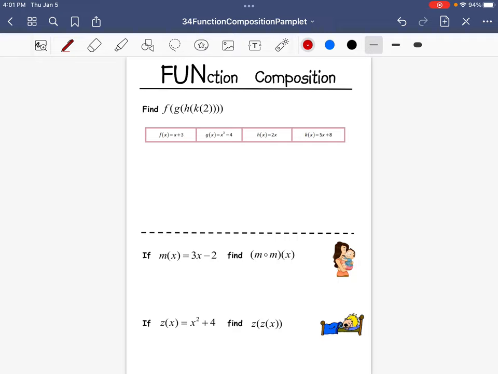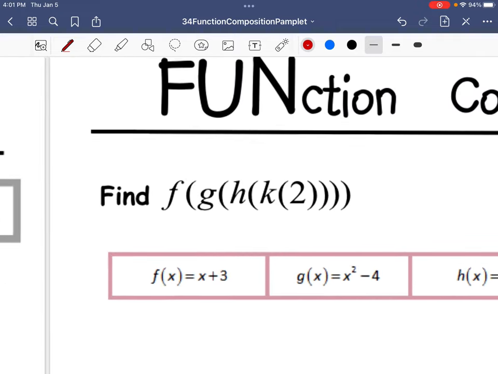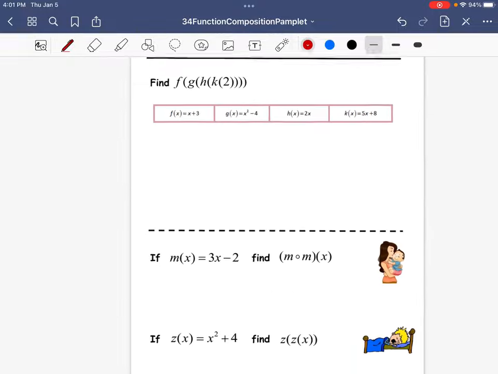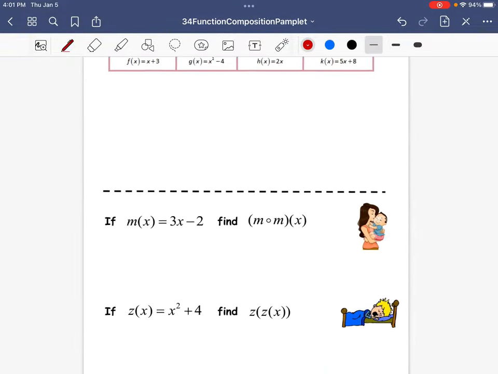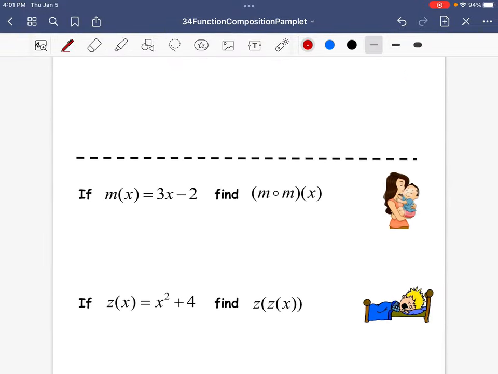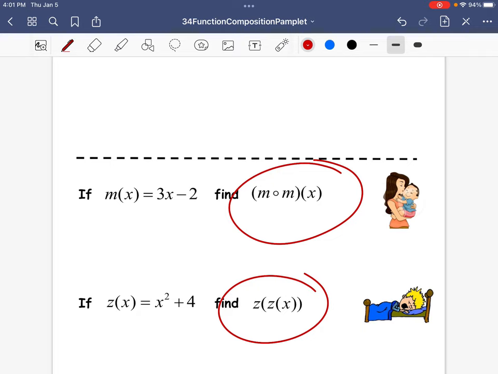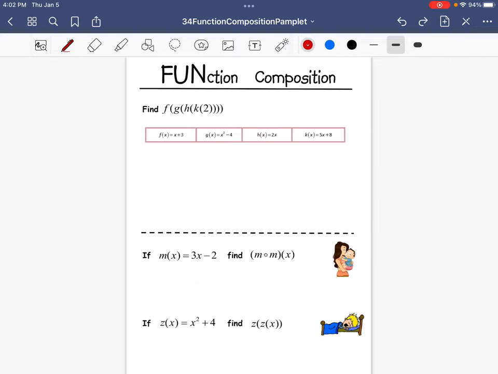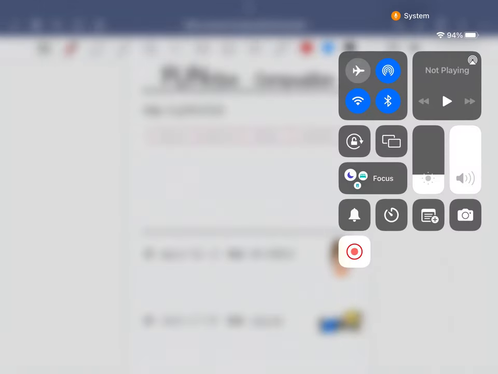This is also part of the day 2 homework. Some of these interesting problems. You guys are going to be doing like a triple composition. That looks fun. And then we have some other interesting compositions. You can find mom and you can find ZZ. All right. That's all today, folks.